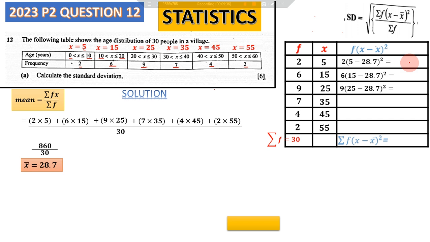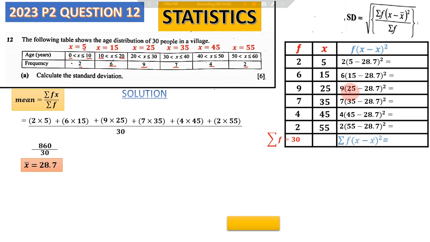Okay, so let us keep on writing up to the end. So the next will be that, and then that, then the last one will be this. As you can see, here after the minus, the value is still the same. What is different is just the values for frequency at the beginning and the value for x after the bracket.